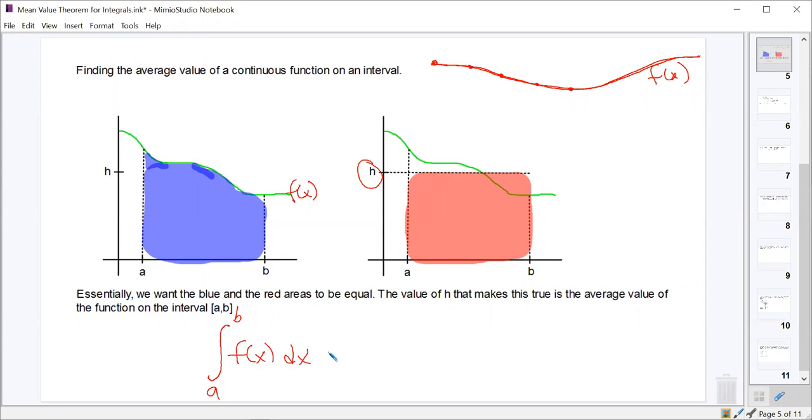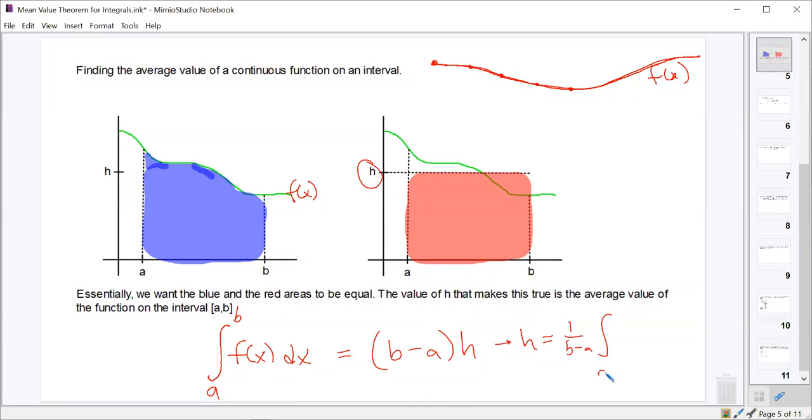Well, we want that to be equal to this red area. What's the red area? B minus a times h. Right, it's just a rectangle. It's just the length times the width, or the height, b minus a times h. And so h ought to equal our average value, and it ought to be this integral divided by b minus a.